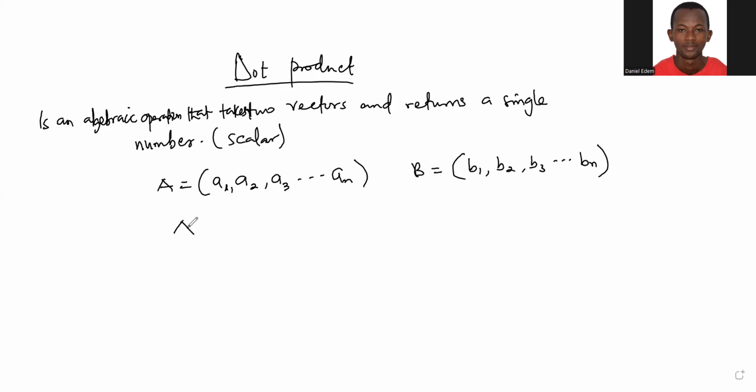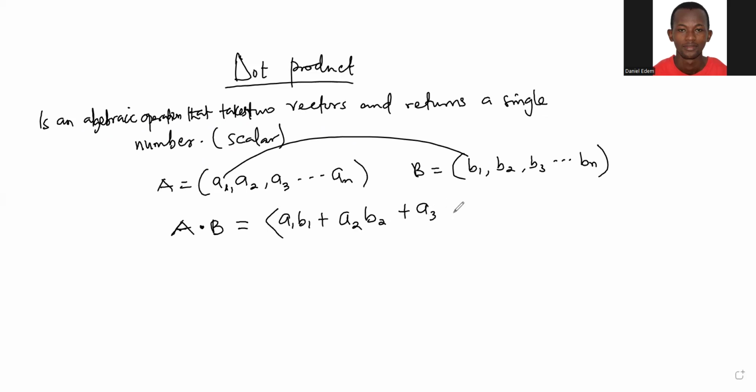If I want to find A dot B, what it means is your A1 will multiply your B1, plus your A2 will multiply your B2, plus your A3 will multiply your B3, all the way to An multiply your Bn. This is simply a dot product. Let's take a practical example and you will understand it better.